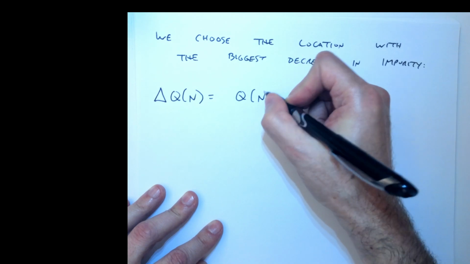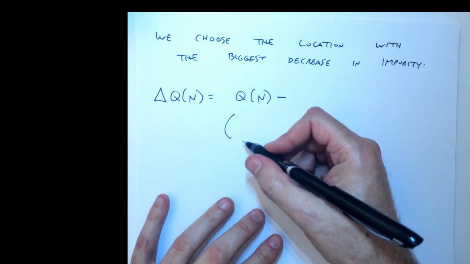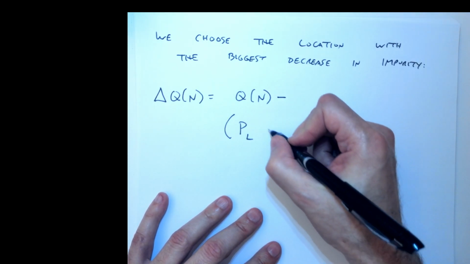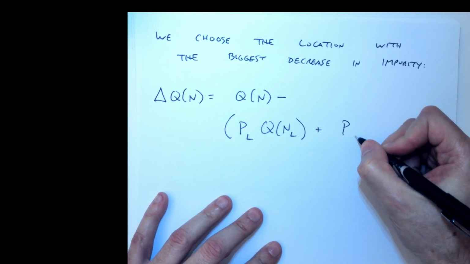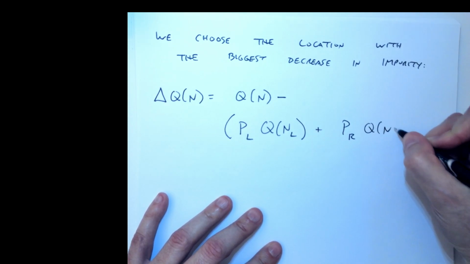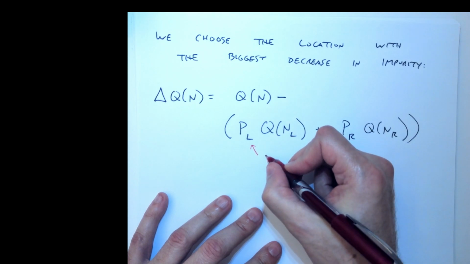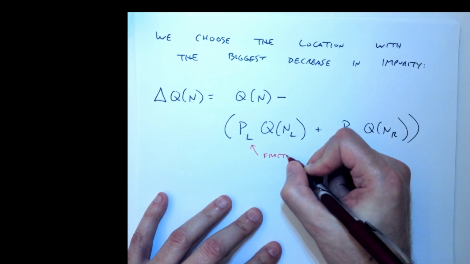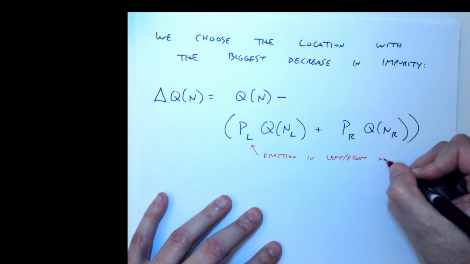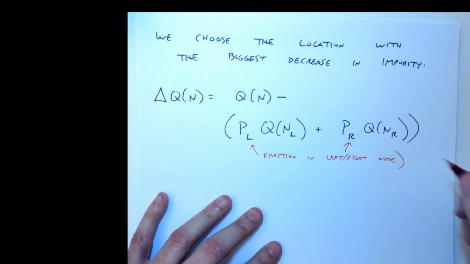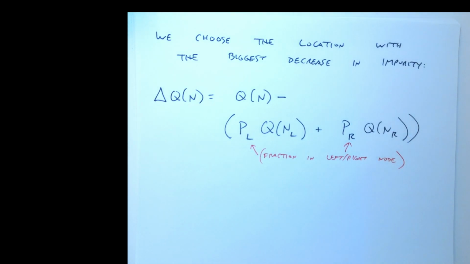I have my before impurity, and then I subtract off, if I draw the line, now I have basically a fraction of points on the left node and the impurity there, and a fraction of points on the right node with an impurity there, right? So here, this is basically the fraction in the left or right node. And then these are the resulting impurities that would happen if I were to split at that node.